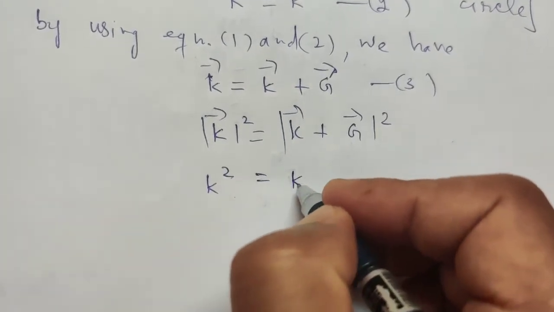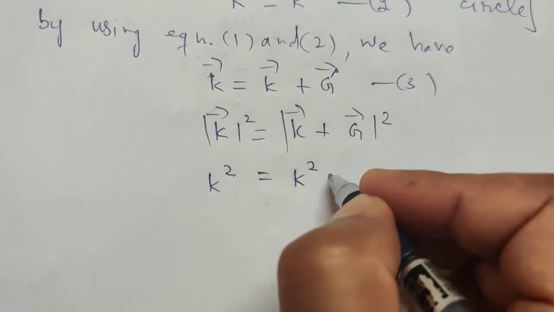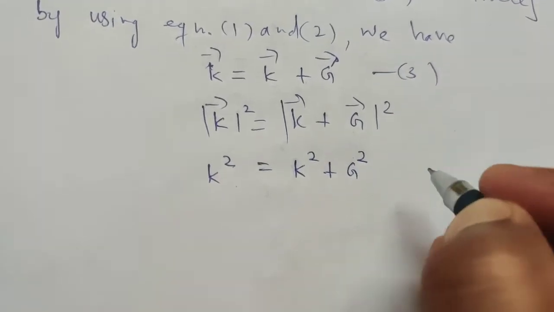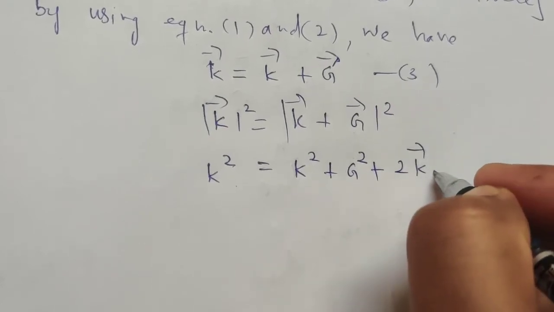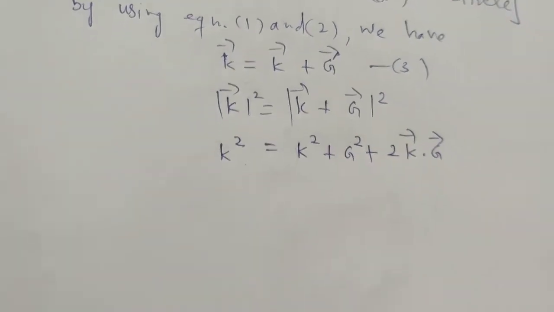This will be K vector square plus G square plus 2 K vector dot G vector.